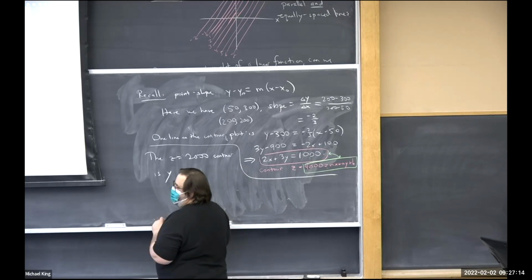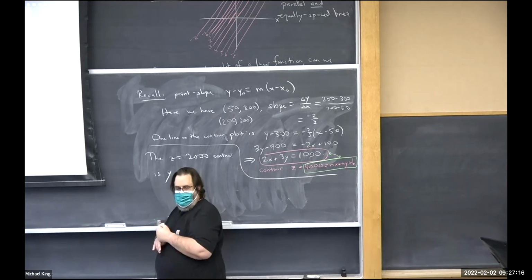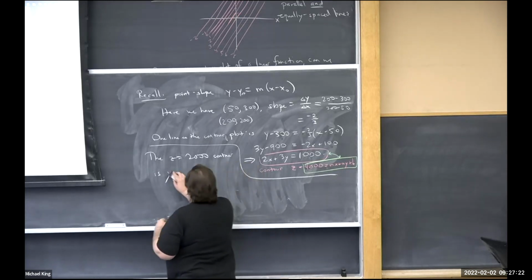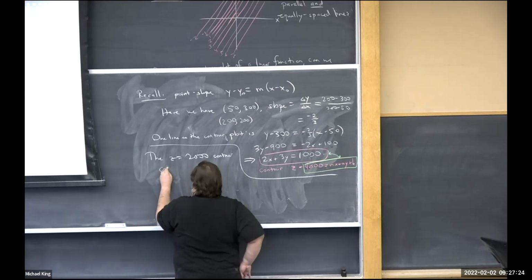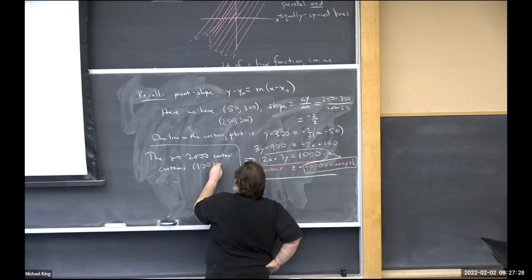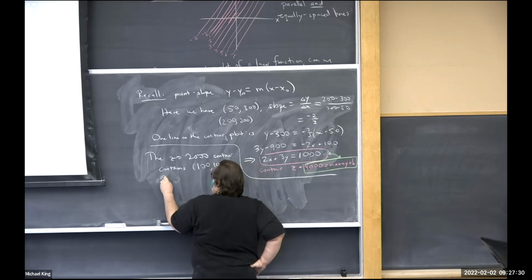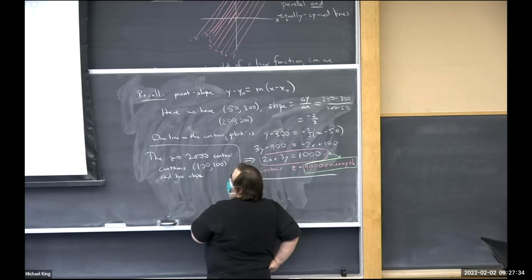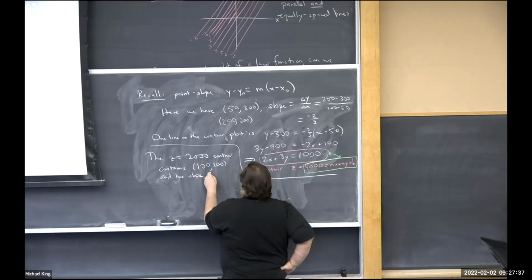What point does the z equals 2,000 contour go through? 100, 100. So it contains the point 100, 100, and also has slope negative 2/3.